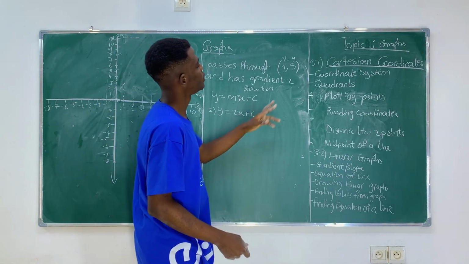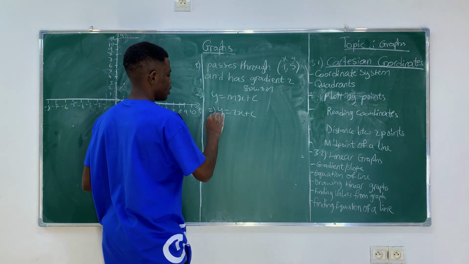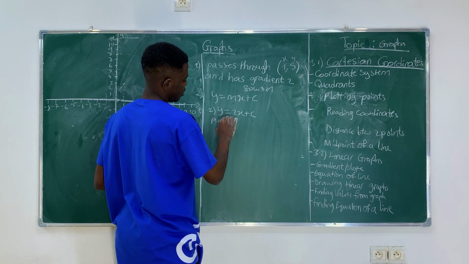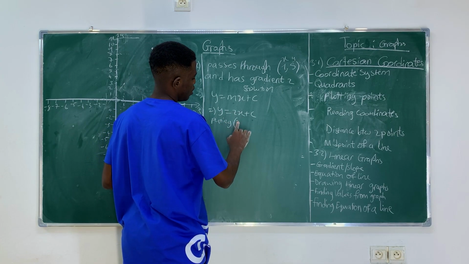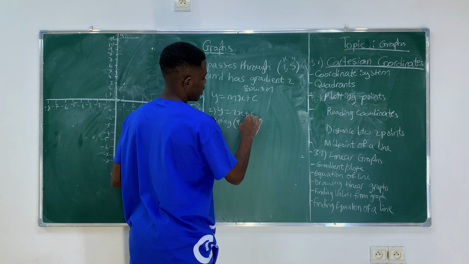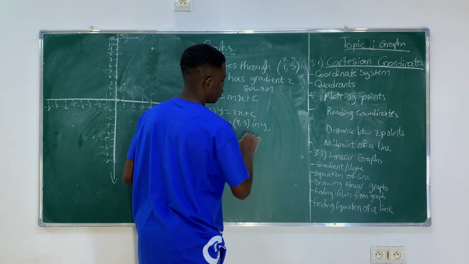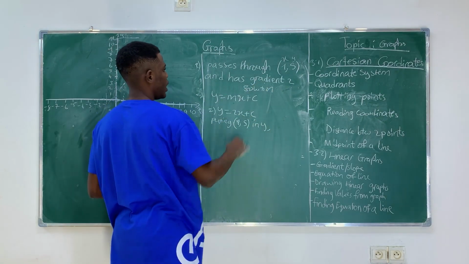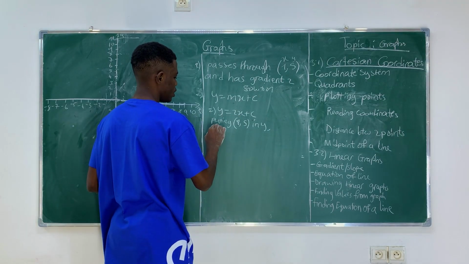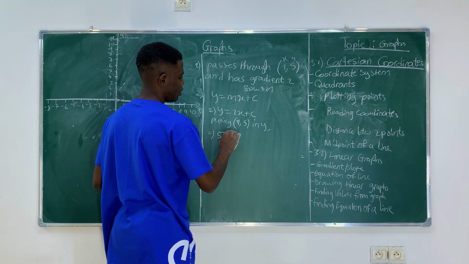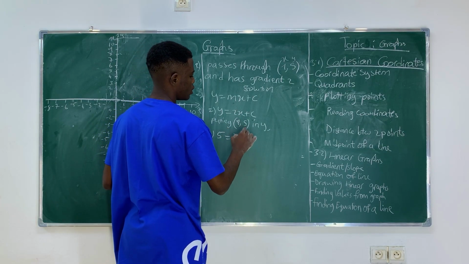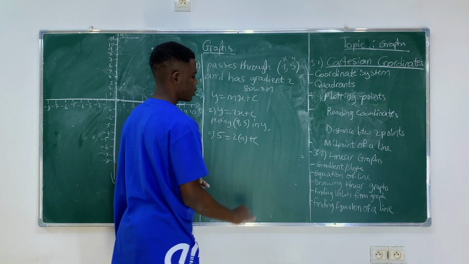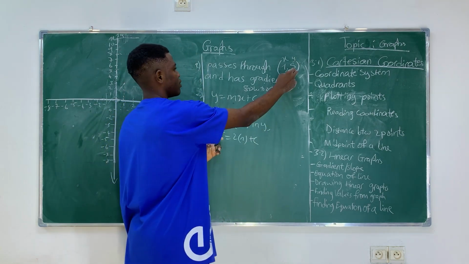So, to find c, I replace x and y by putting 1 and 5. My y is 5, equals 2 into 1 as my x, plus c. You see, I've replaced y with a 5.